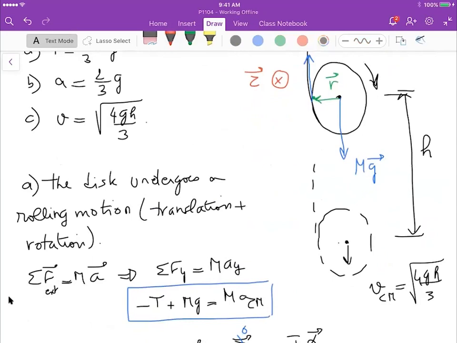So we have two moments. The initial time when the disk was at rest, released from rest with v initial equal to 0, and some final time where we have to determine its speed, v center of mass. And we know that delta y between the two positions is given by h.